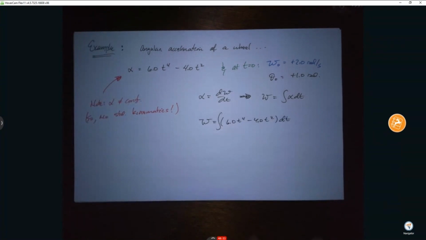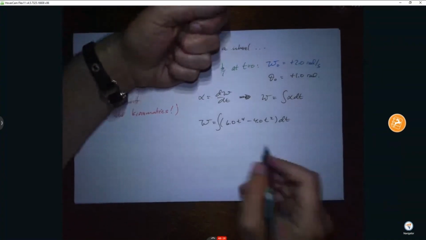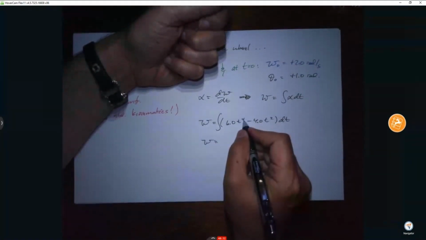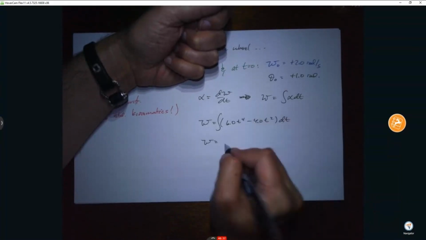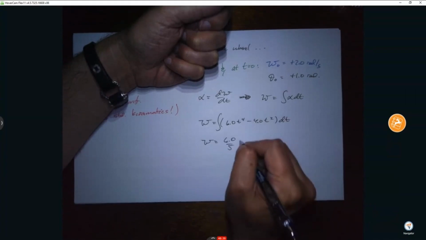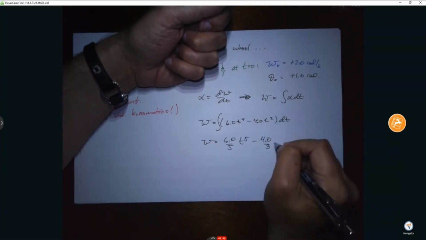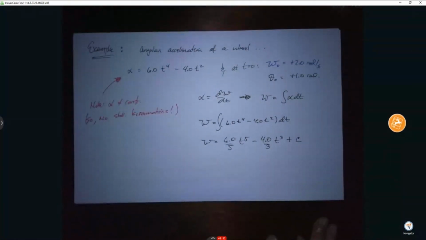I'm going to do the indefinite integral, pick up the integration constant, and then use the condition to solve for the constant. So we increase the power by 1 and divide. 4 goes to 5, so this is 6 divided by 5, t to the 5th. Then 2 goes to 3, so this is 4 divided by 3 times t cubed, plus some constant of integration.